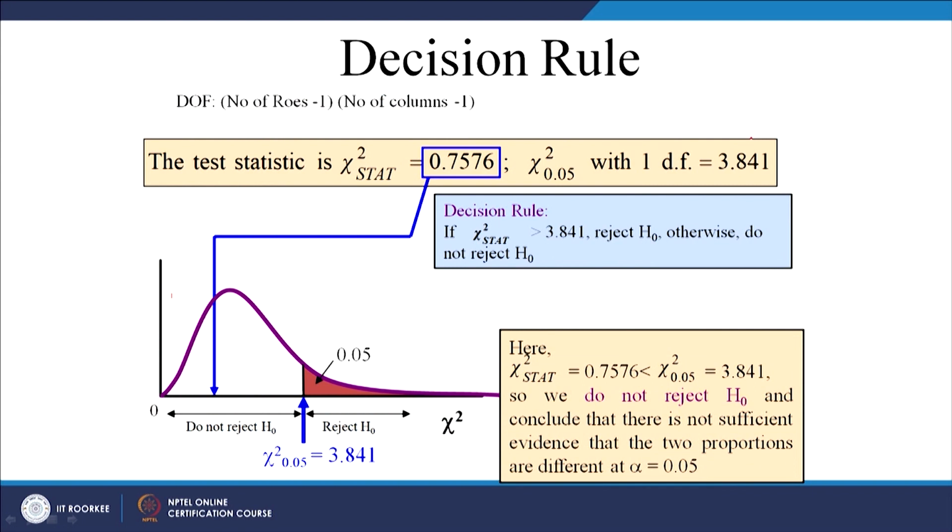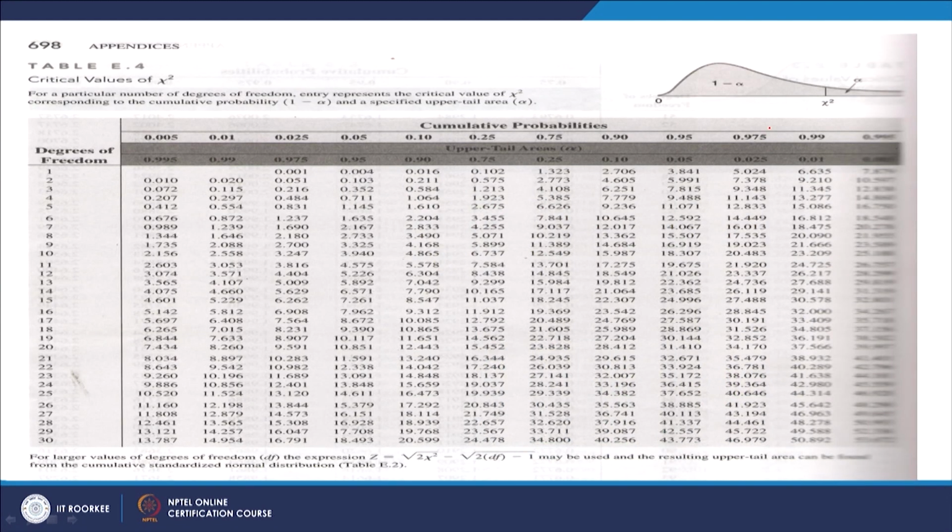let us look at this. At 1 degree of freedom, chi-square value is 3.841, right. Let us look at how did we get this 3.841. So, at 1 degree of freedom, it is 3.841, sorry. Okay.